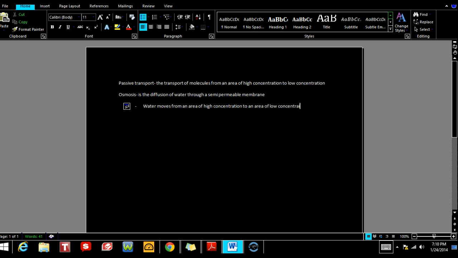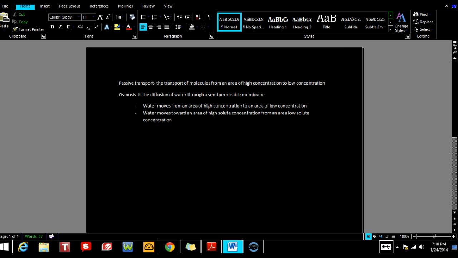Or we can say that water moves towards an area of high solute concentration, from an area of low solute concentration.